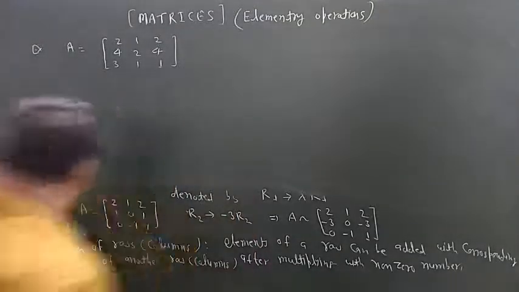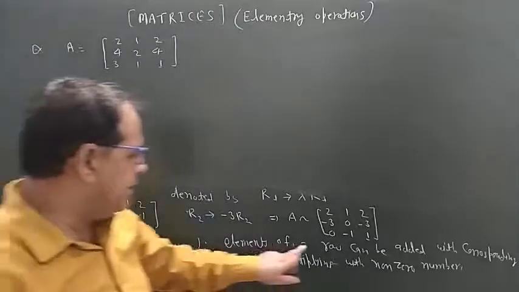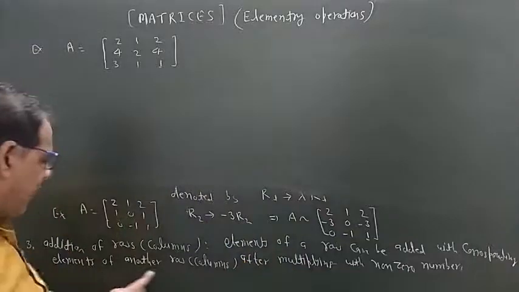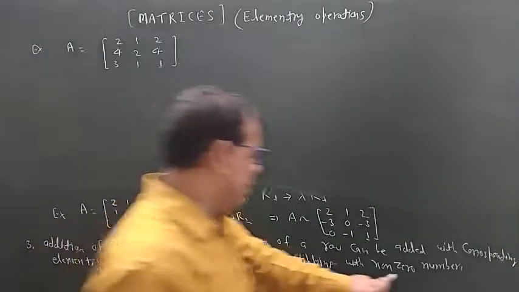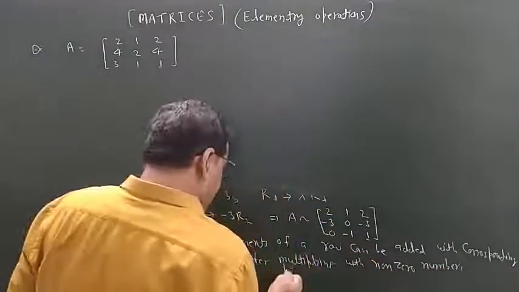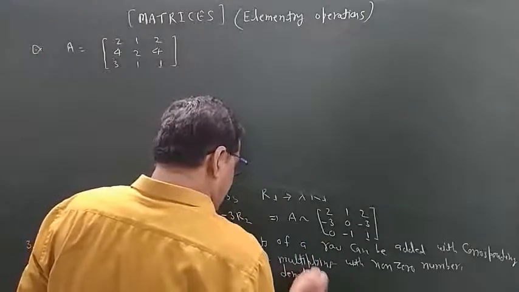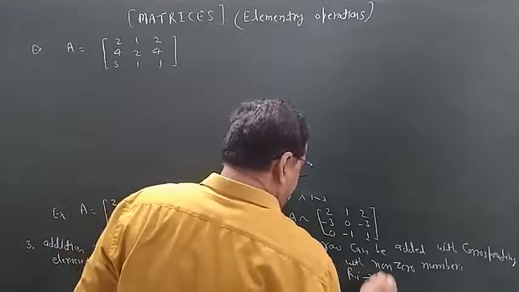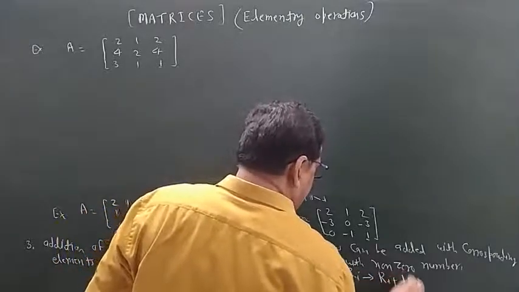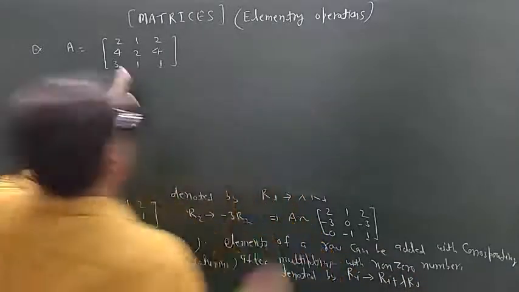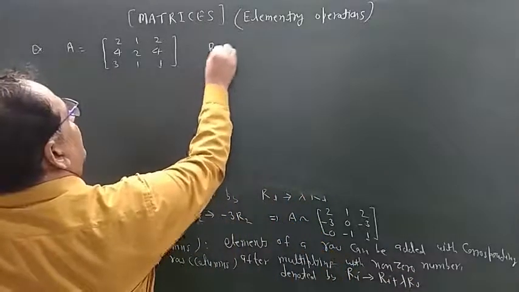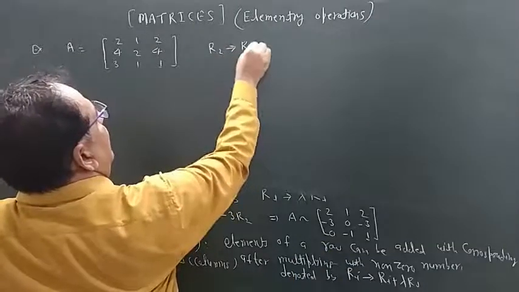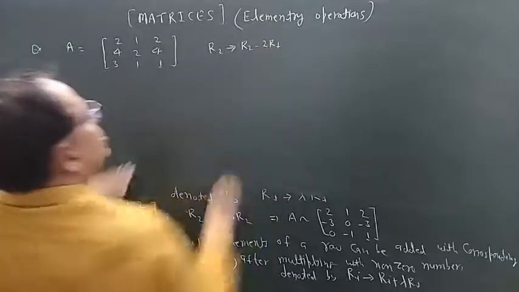And here addition of rows, columns: elements of a row can be added with corresponding elements of another row, columns after multiplying with non-zero numbers, denoted by Ri replaced by Ri plus lambda Rj. So here we want to apply R2 replaced by R2 minus 2R1. This is the way of writing.